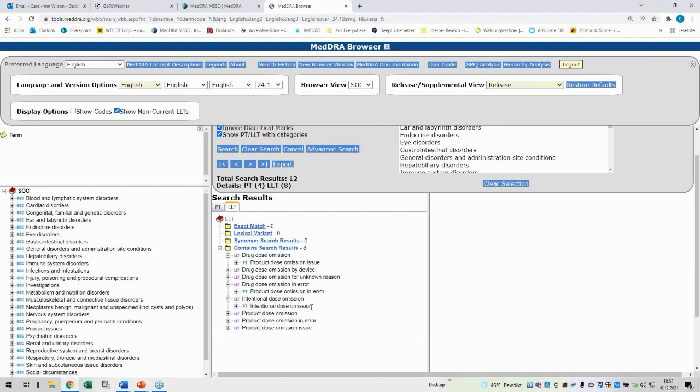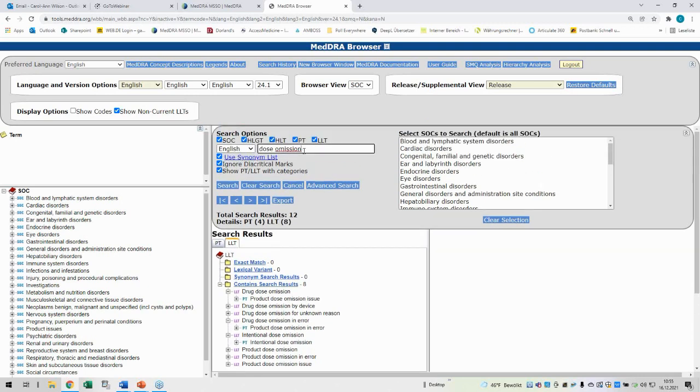So here we know it was intentional, so intentional dose omission would definitely be a good choice for our verbatim. If I go for intentional dose, I will see other options.